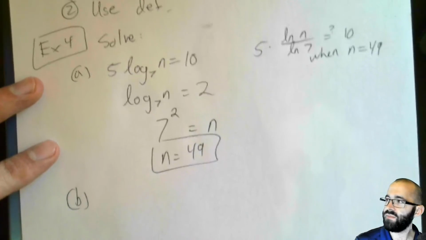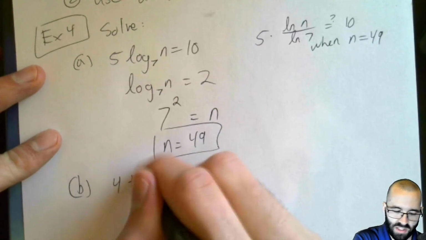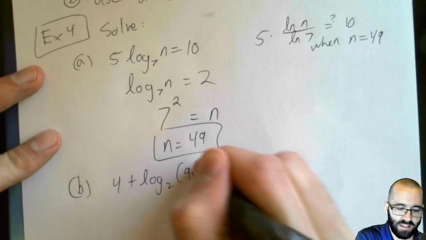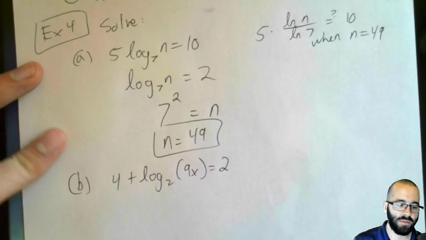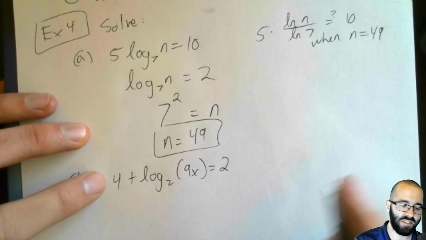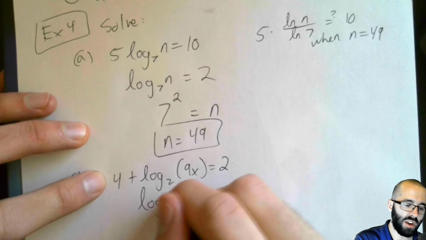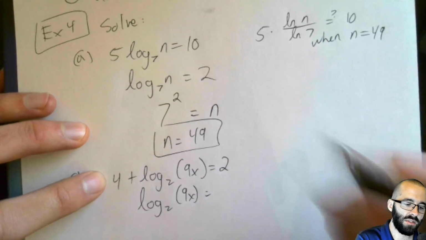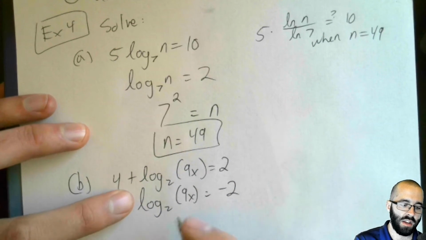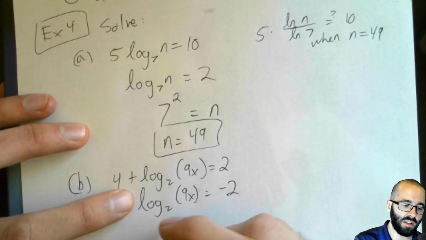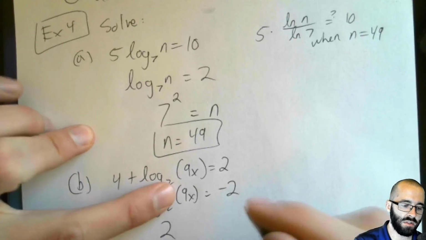Okay, part B. It's going to be 4 plus log base 2 of 9x is equal to 2. So let's get that logarithm by itself. We need to subtract 4 from both sides. So when you subtract 4 from both sides, what are we left with? 2 minus 4 is negative 2. So, definition. The base of the logarithm becomes the base of the exponential function.